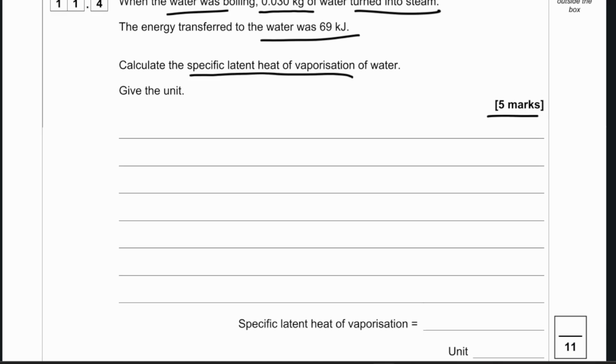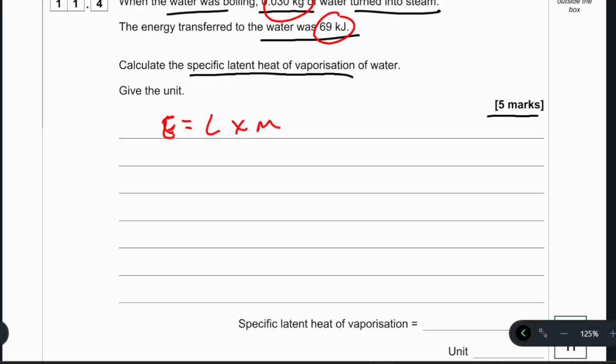First of all, we need to know the formula for the specific latent heat of vaporization, or specific latent heat in general. The energy transferred is equal to the specific latent heat, which we'll just call L, multiplied by the mass. Okay, so we're given the energy transferred, and we're given the mass, so we can work out the latent heat.